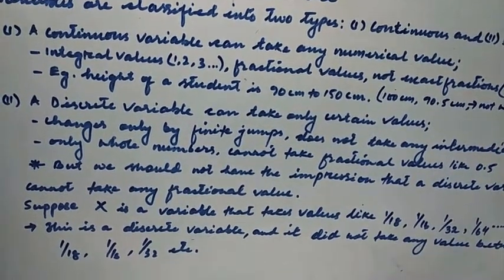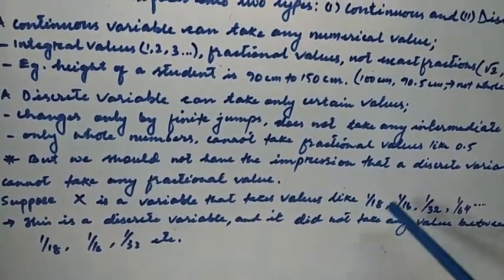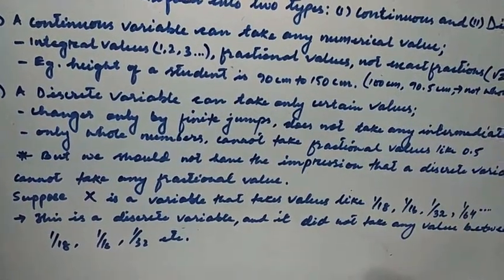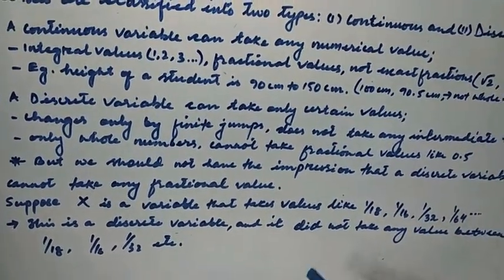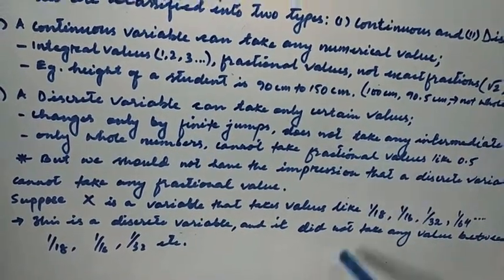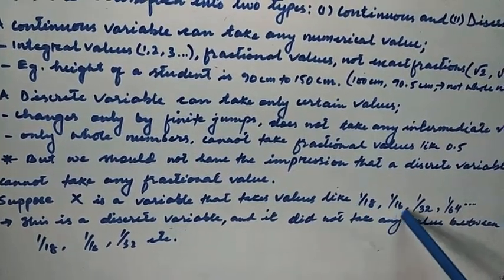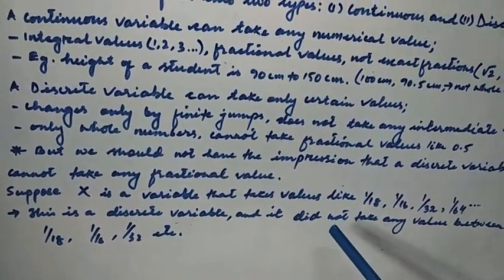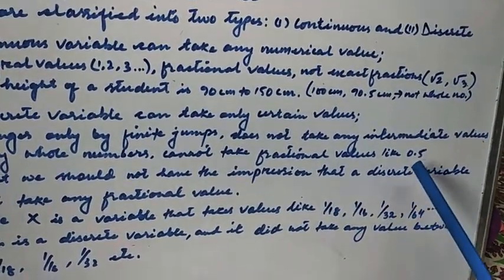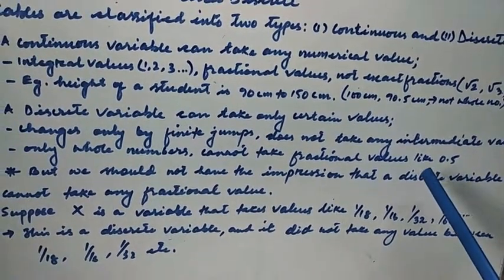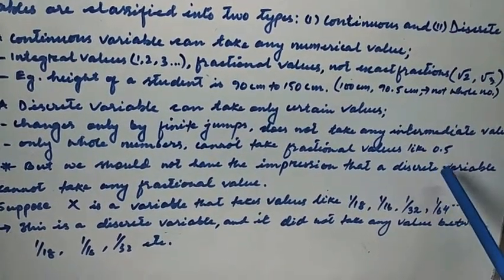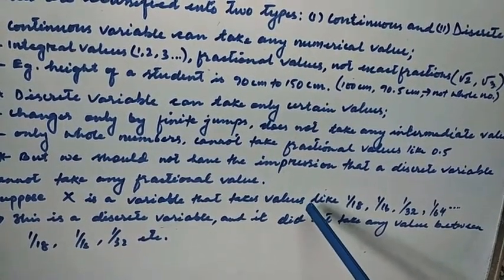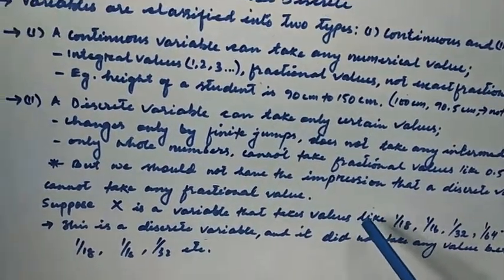These are fractions, but these fractions are jumping in finite steps. So this is a discrete variable, though it is in fractional form. But fractions like 0.5 it cannot take. When it is jumping in certain finite values, it is a discrete variable.